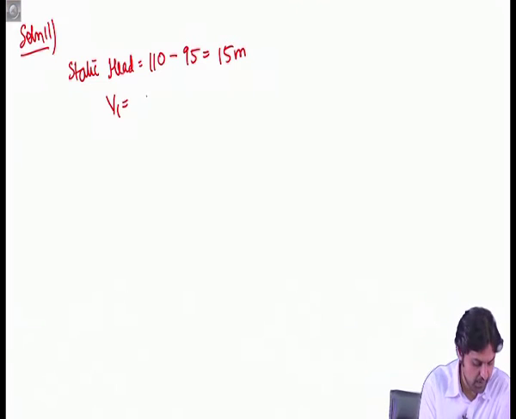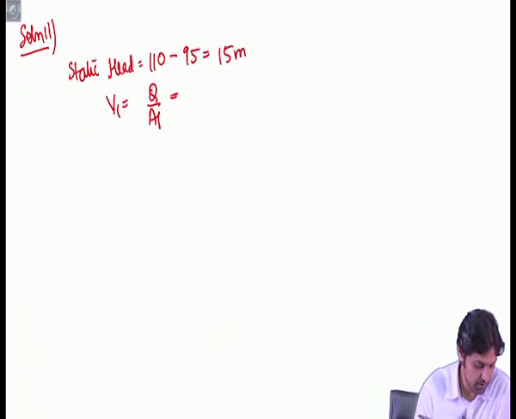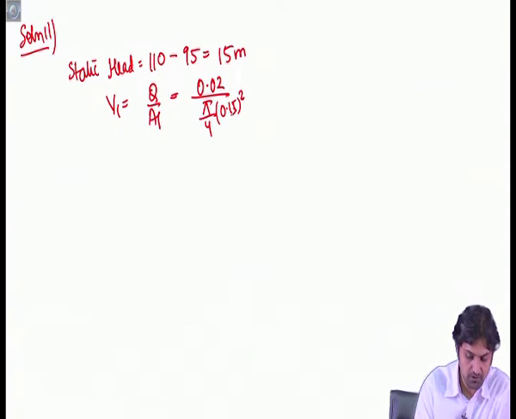Velocity in the pipe 1 would be Q by A1. The pipe 1 was before the pump, pipe 2 was after the pump. Therefore, V1, Q is given as 20 liters per second, so it is 0.02, and area is pi by 4 times the diameter, which is 0.15 squared.